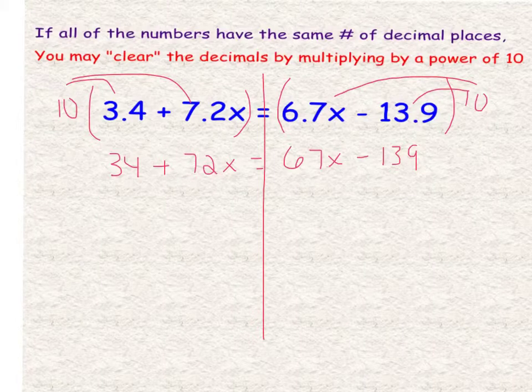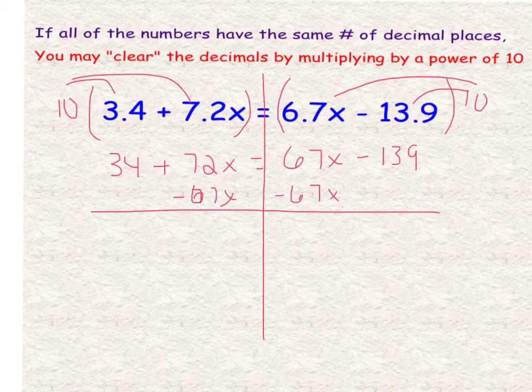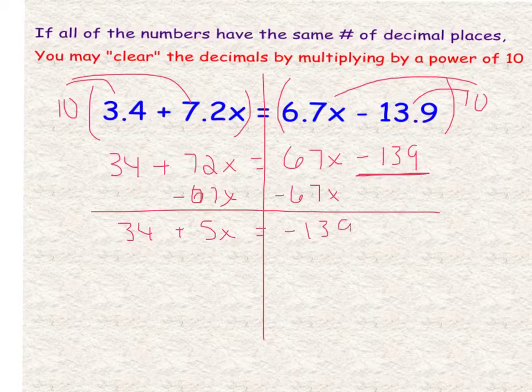I see there are variables on both sides, so I'm going to get rid of the one that is the lowest. So I'm going to subtract 67x from both sides. That gives me 34 plus 5x over here. And remember this has a negative in front of it, negative 139.